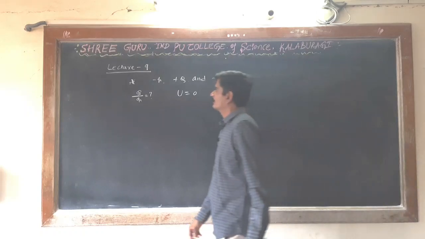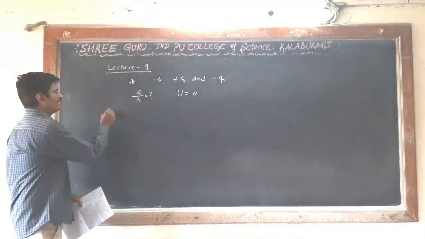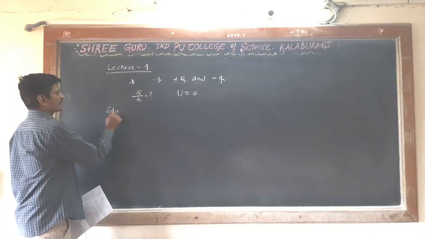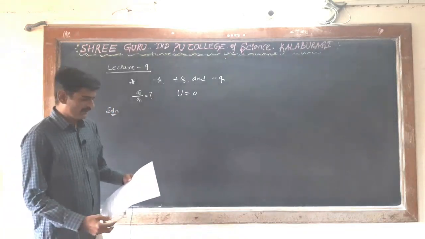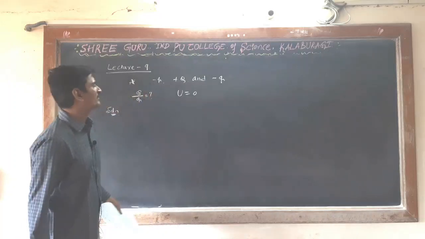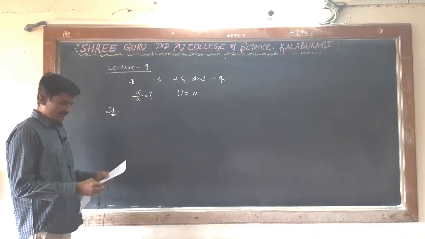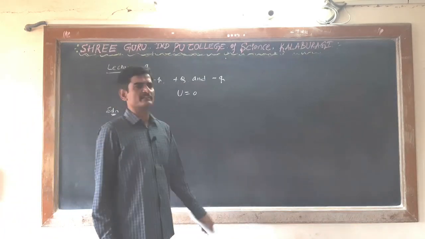Okay. So first understand the question, then try to solve. So what have they given? Three charges minus Q, plus Q and minus Q are placed at equal distances on a straight line.